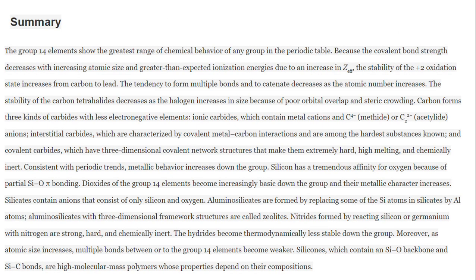Now we'll go through the summary of the group 14 elements and their compounds. The group 14 elements show the greatest range of chemical behavior of any group in the periodic table. Because the covalency decreases with increasing atomic size, and due to greater than expected ionization energies from the increase in Z effective, the stability of the +2 oxidation state increases from carbon to lead.